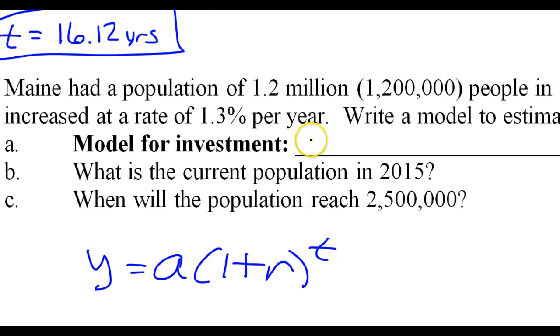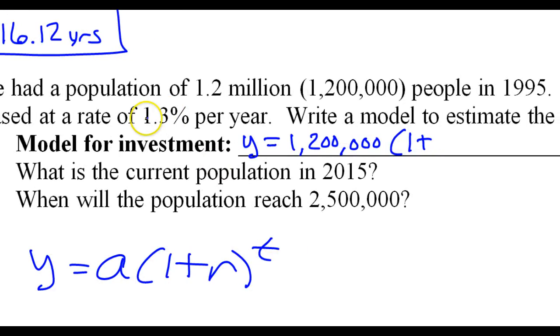So in this case, the population is going to equal the initial amount, which is 1,200,000, times 1 plus the rate. The rate is 1.3%, so as a decimal, that is 0.013.